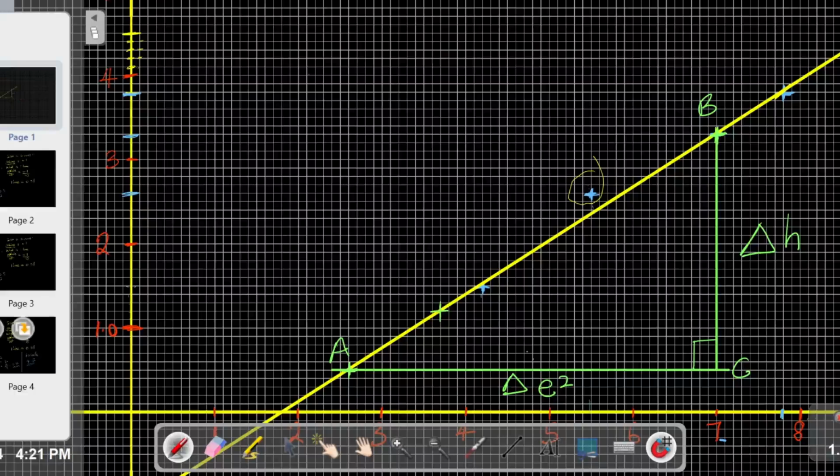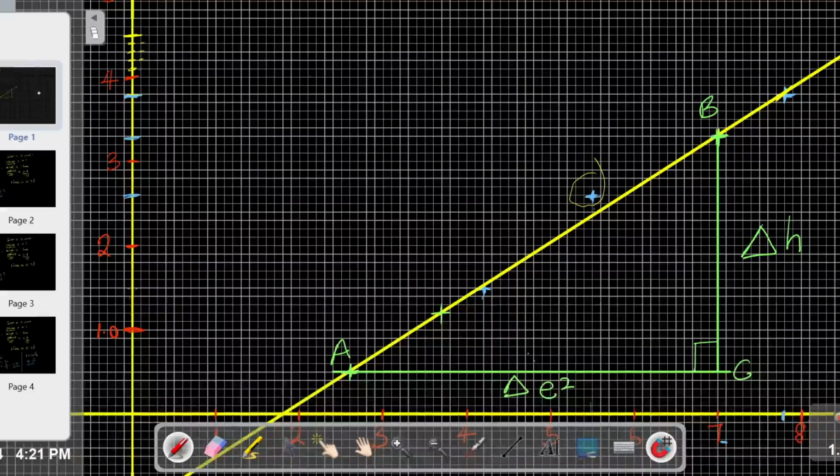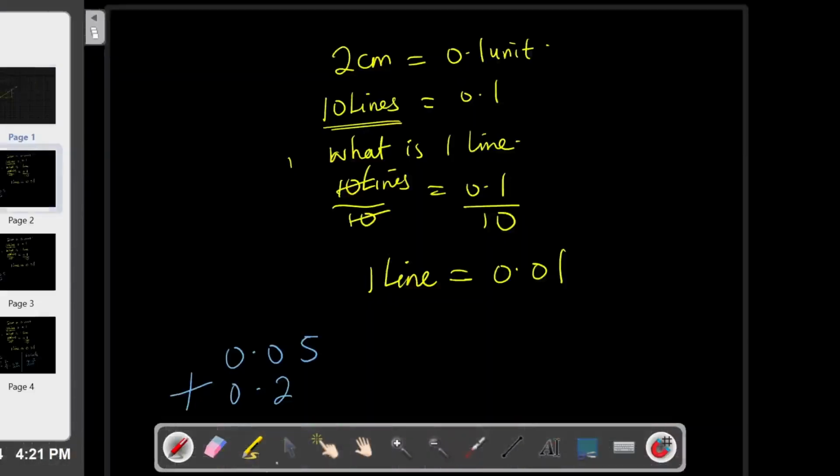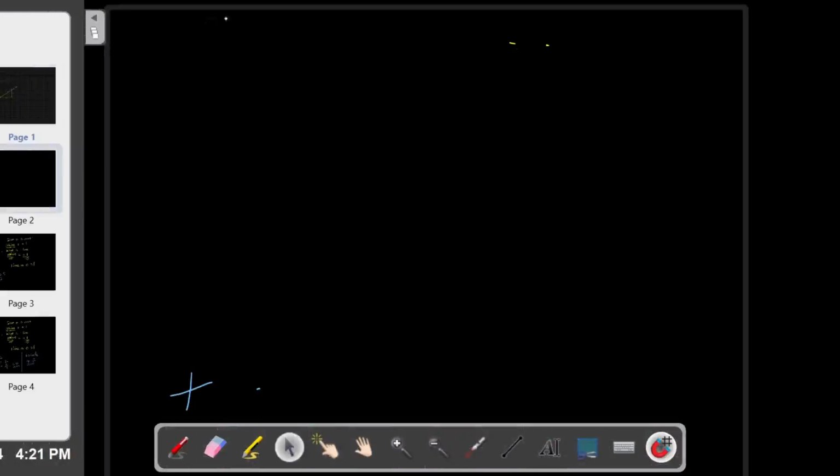All right, so let's go back and calculate my slope. First, let me clean this part and use it to have a better slope. And let's go back.